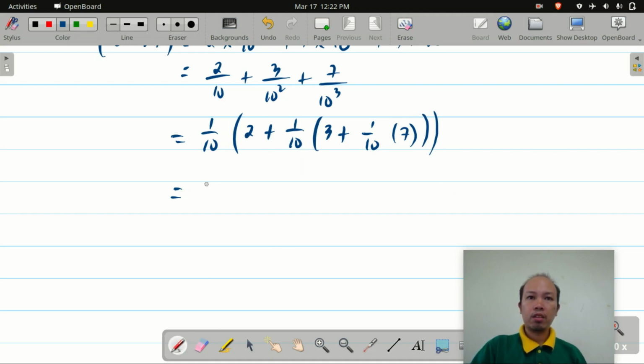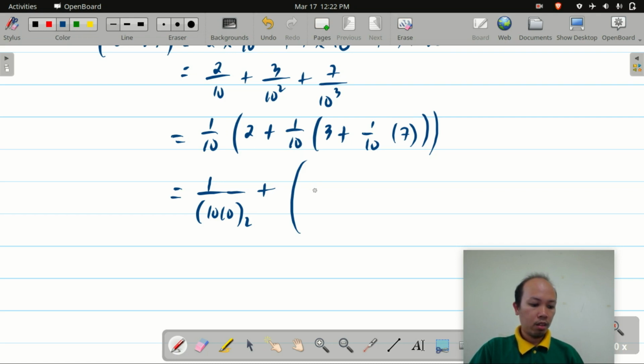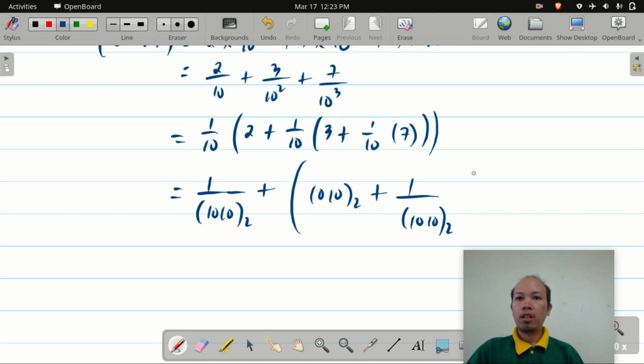So this is 1 over, we know this already, 1010, plus 2 is 010, plus 1 over 1010, and then 3 is 011 in base 2, plus 1 over 1010, and then 7 is 111.